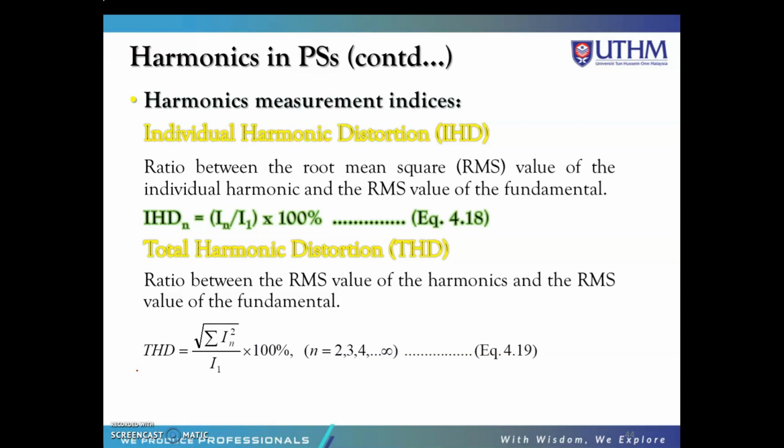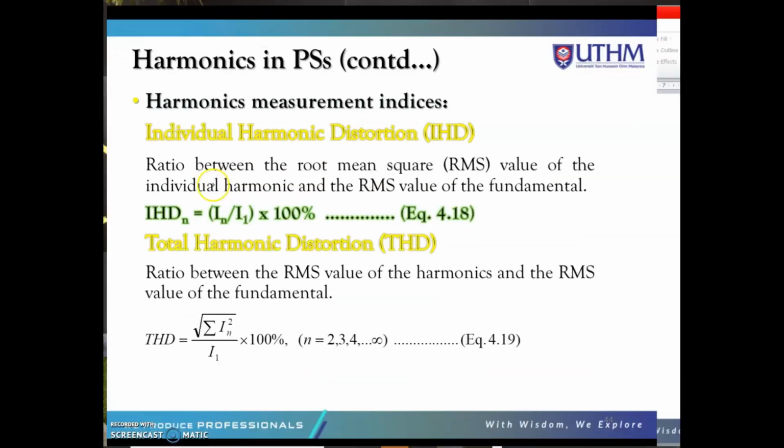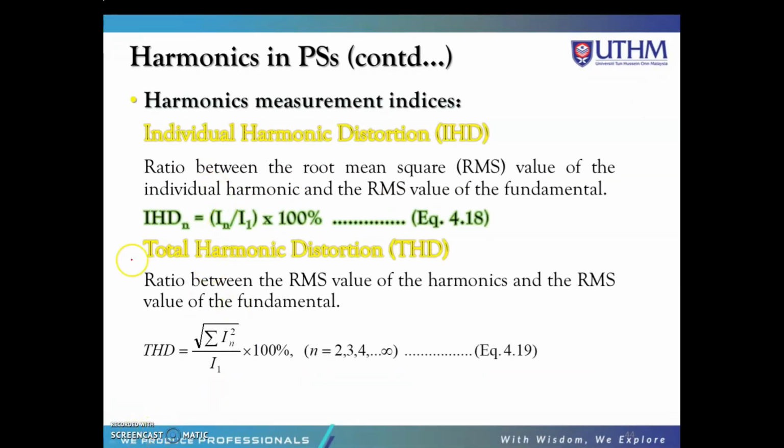IHDn is equivalent to In over I1 times 100%. This is equation 4.18.